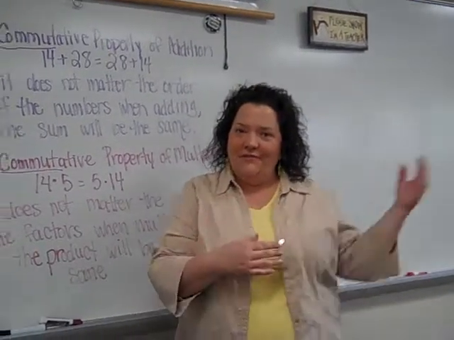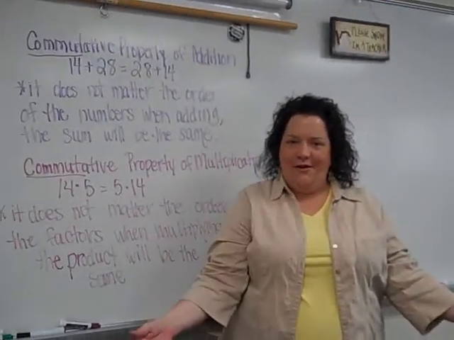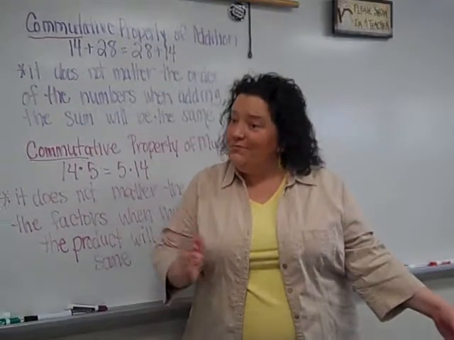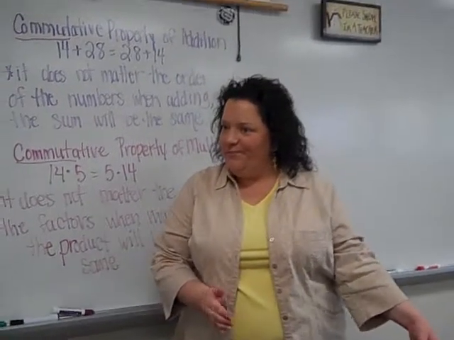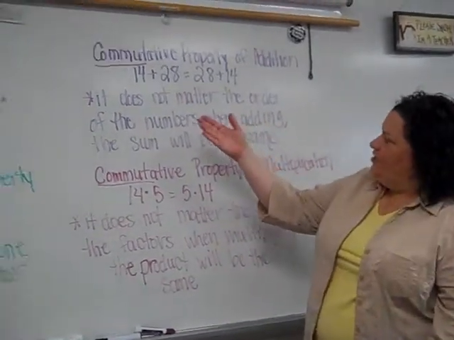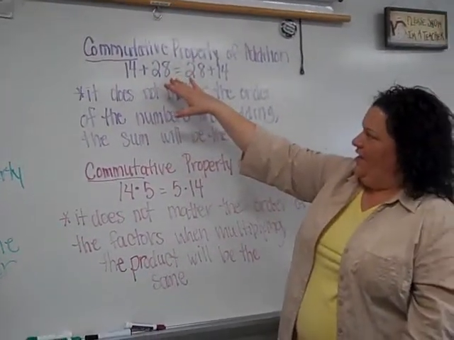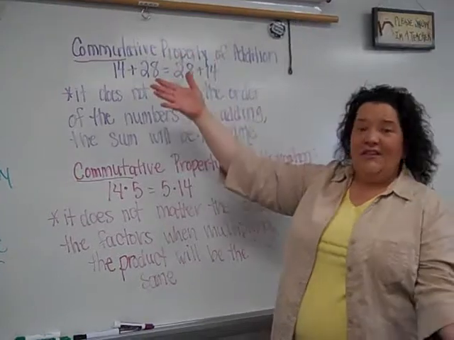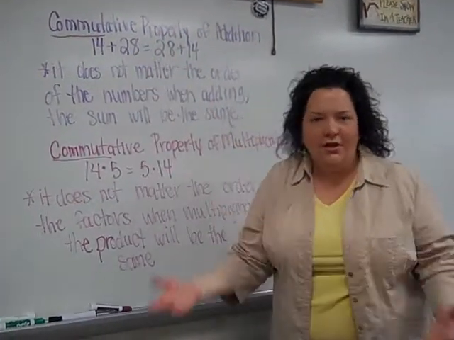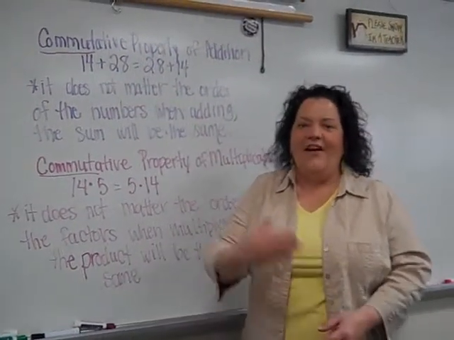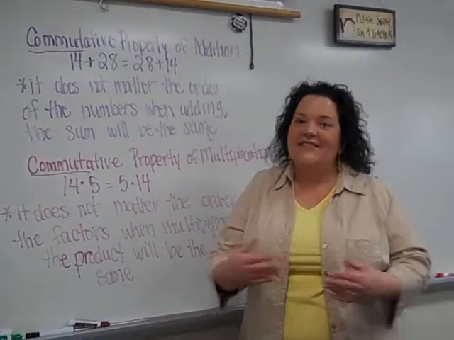I commute from Smithfield to Micro each day. So commute means to move. What we're doing here, children, is simply moving the different numbers, and you'd still get the same answer. 1 plus 5 is 6. 5 plus 1 is 6. Same idea.